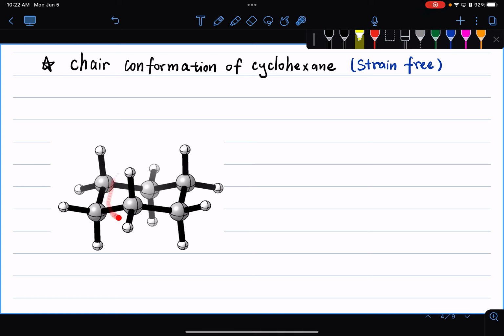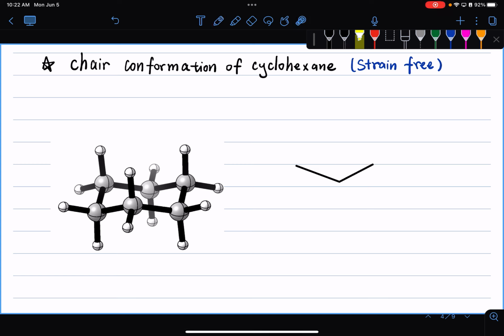Now, if we draw this molecule on paper, how does it work? On the back, we have three carbon atoms bending down, like a V shape, so it goes like this.